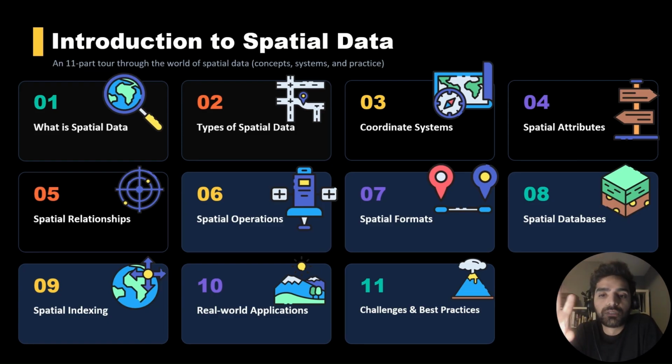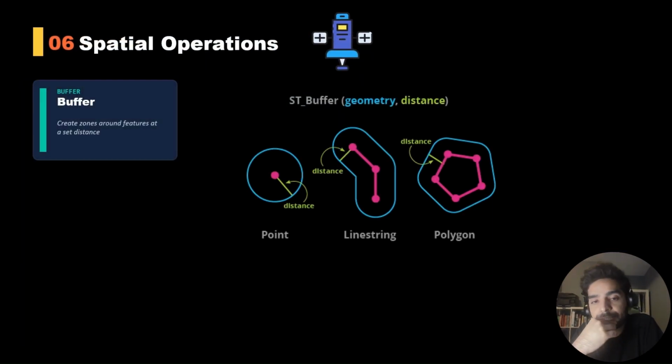For example, we can create a buffer, clip data to a study area, intersect two layers, and then join attributes by location or find optimal routes through a network. So let's go through the most common operations in this slide.